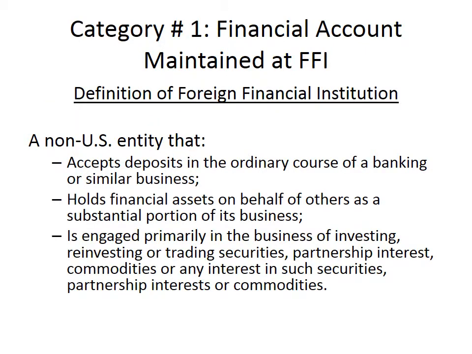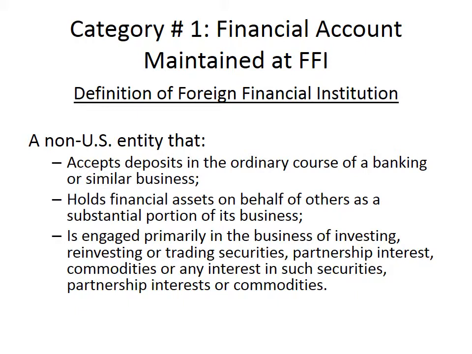And just so that we are complete here in defining all of the key terms, we're not going to leave anything to chance. We're going to provide the definition for a foreign financial institution. It is a non-U.S. entity that meets one or more of the following conditions.